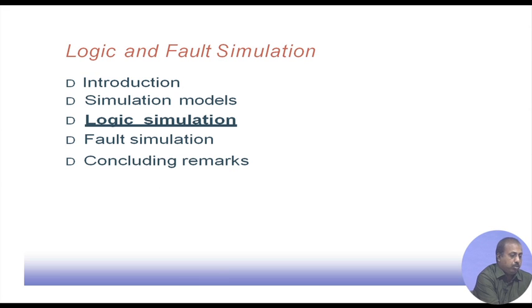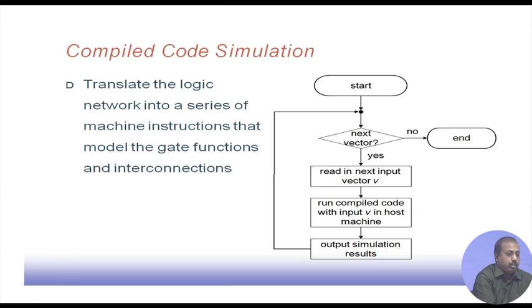Next, we will look into logic simulation. The first approach is the compiled code simulation. It translates the logic network into a series of machine instructions that model the gate functions and interconnections. In the circuit, we have logic elements like AND gate, OR gate, NAND gate, NOR gate, etc. Any processor normally has this type of logic statements.